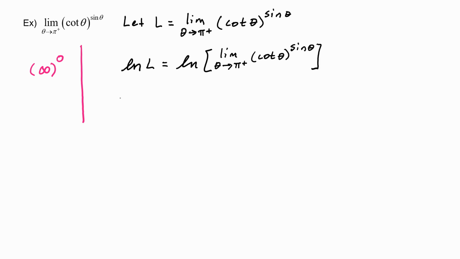The left-hand side remains natural log of L. On the right-hand side, because the natural log is continuous, we know that the log of the limit is the same as the limit of the log. We can switch the order that we do these two and make it the limit as theta goes to pi from the right of the natural log of cotangent of theta raised up to the power of sine theta.